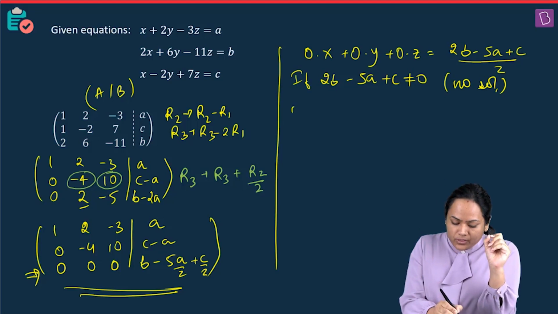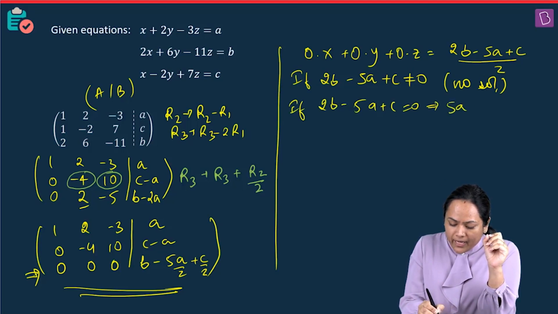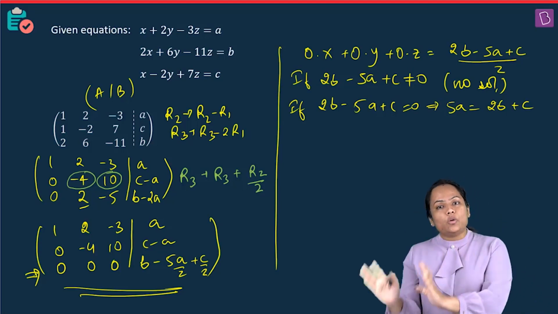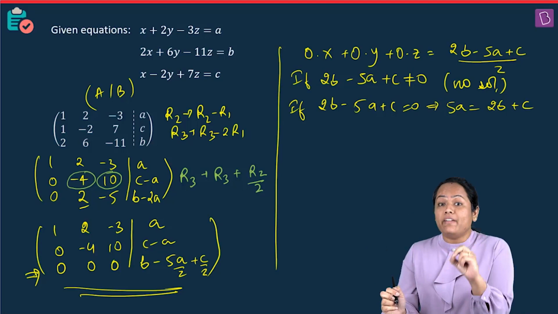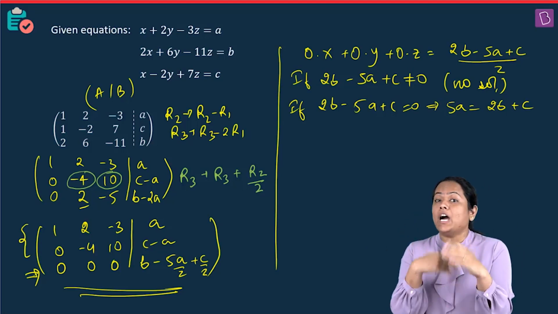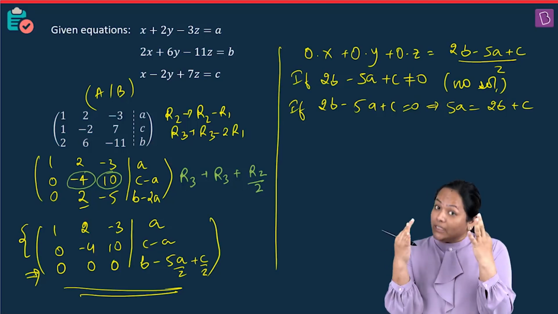But if suppose my 2b minus 5a plus c becomes 0, or I can say that 5a comes out as equal to 2b plus c, what will I have? I'll have 0 is equal to 0, and I will be left now with only 2 equations. And how many variables do I have now? 3, correct.